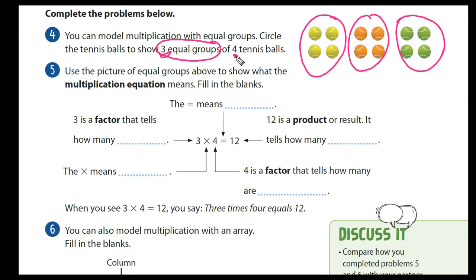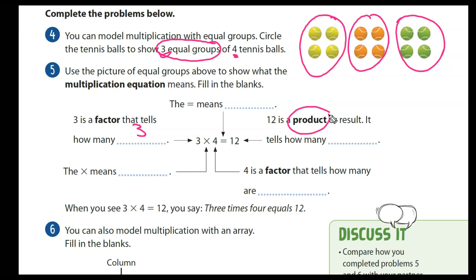Use the picture of equal groups above to show what the multiplication sentence means. It says 3 is a factor that tells how many groups. How many groups do we make? 3. The equal sign means that these are going to equal 12. 12 is a product. Product is just the answer to a multiplication question. Times, I need the multiplication sign.